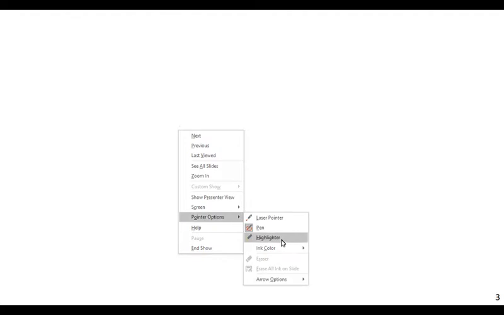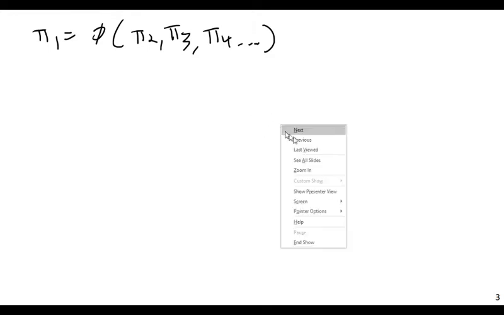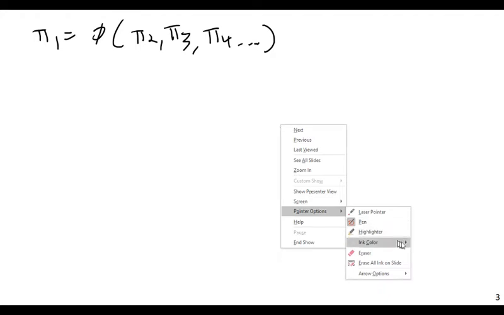So let's say we had something like this, where pi 1 is some function phi of pi 2, pi 3, pi 4, etc. And we want to know what dimensionless parameter is most important to describe the system.